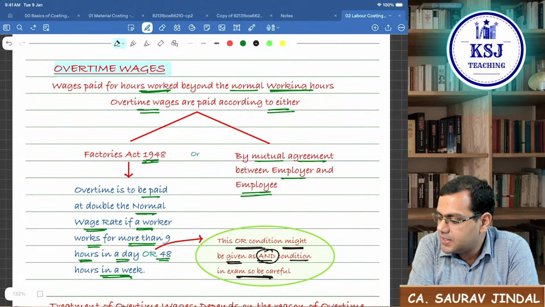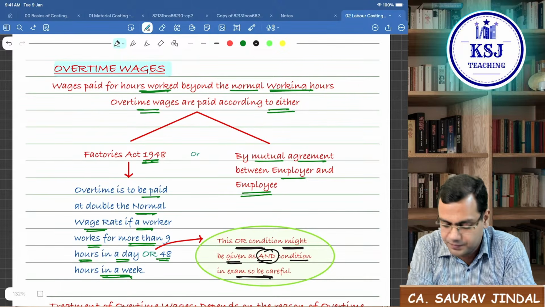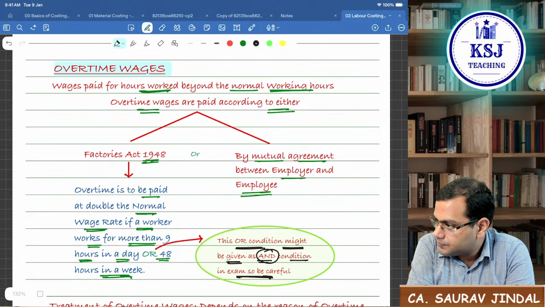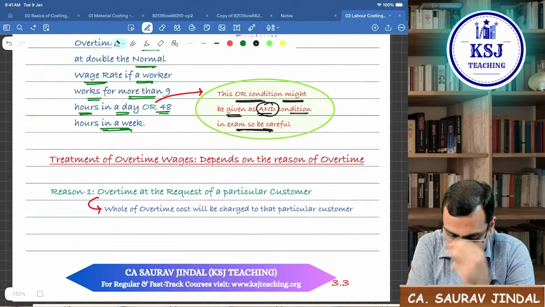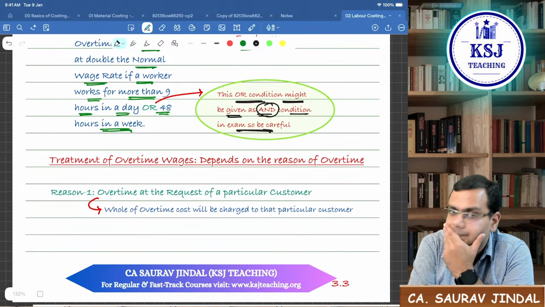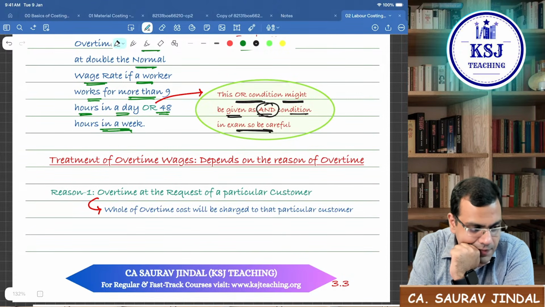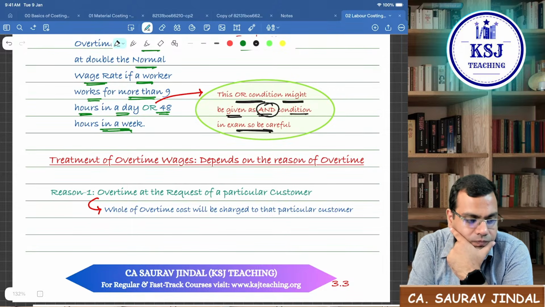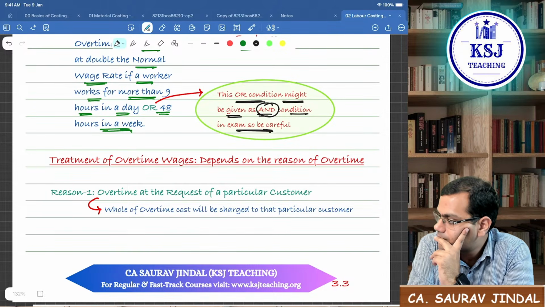Yes, this much part is clear, everyone? Okay.